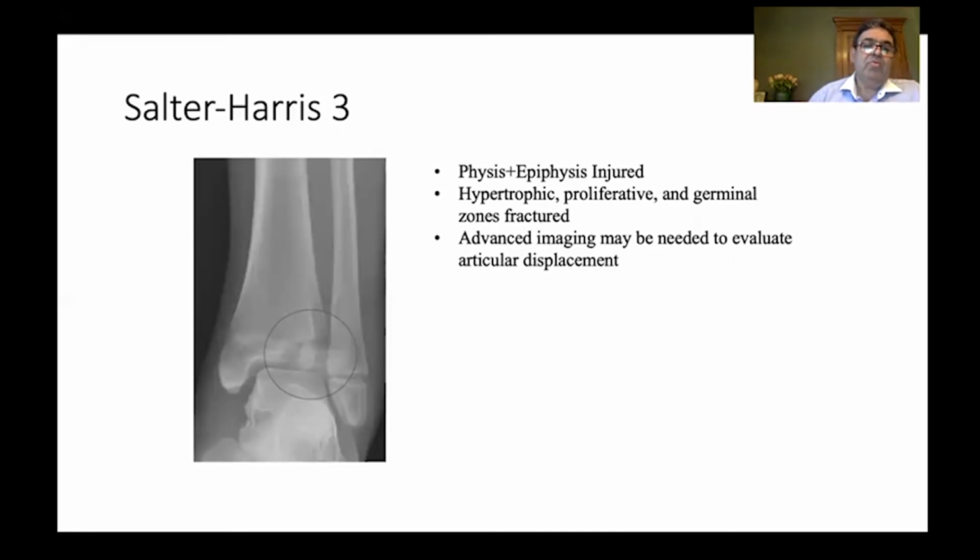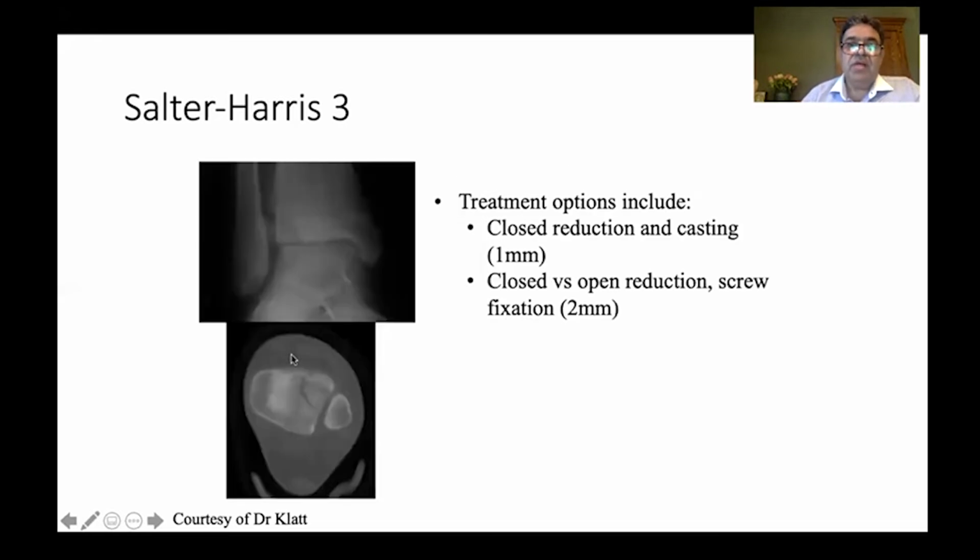In type 3, we have the epiphyseal fracture. This is the epiphyseal fracture, and the physeal disc is broken, and this fracture passes through the hypertrophic, proliferative, and germinal zones. That's why we should anatomically reduce the disc to close the space of the physeal disc injury to prevent the occurrence of the bony bar.